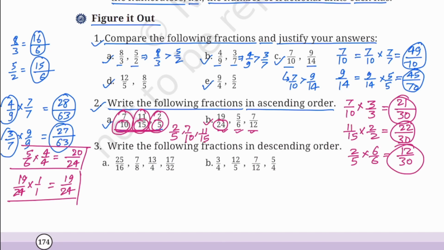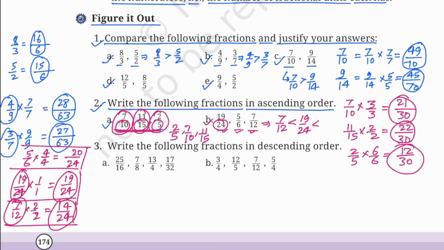Similarly, 7 upon 12 can be written as 14 upon 24. You can see the smallest one is 7 upon 12. Then 19 upon 24. Then 5 upon 6.